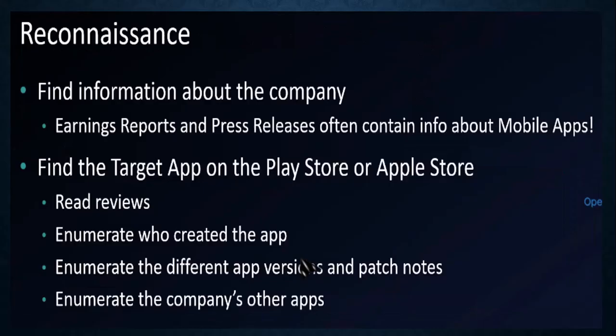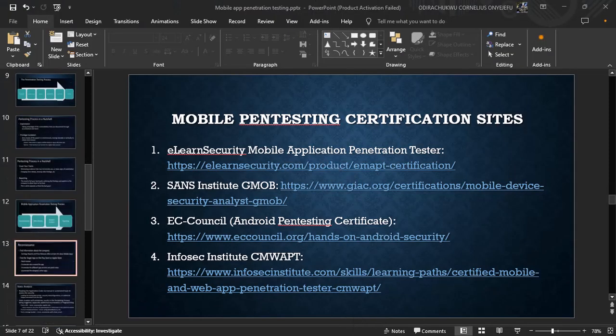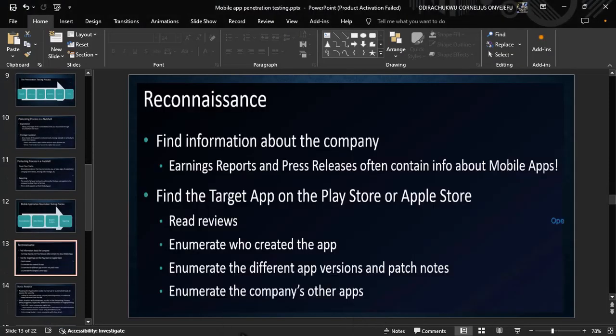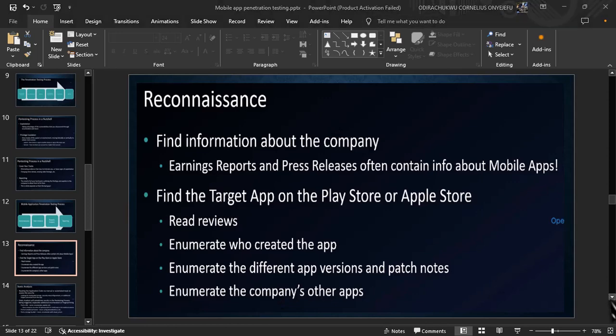Now, reconnaissance means finding information about the company. The earnings report and the press release often contain information about the mobile apps. Find the target app on the Play Store or Apple Store. We are going to show some of them, like reading bad reviews, enumerating who created the app, enumerating the different app versions and patch notes, and enumerating the company's other apps. Let me show you what reconnaissance is. Let me open my browser.